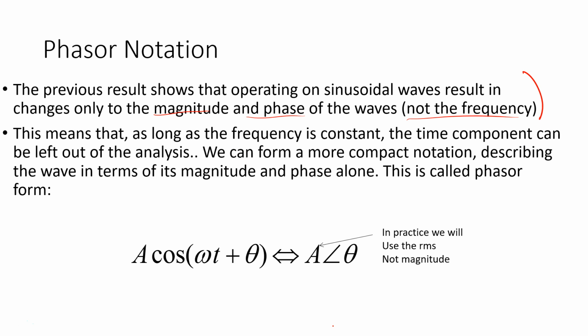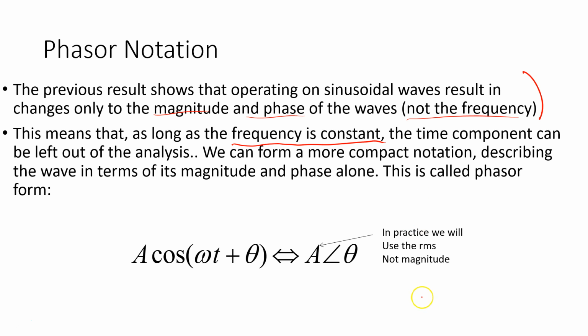So this means if we are doing this steady state analysis, as long as the frequency is constant, we could ignore the time component and we could just leave that totally out of the analysis. And we could form a more compact notation describing the wave just in terms of its magnitude and phase.